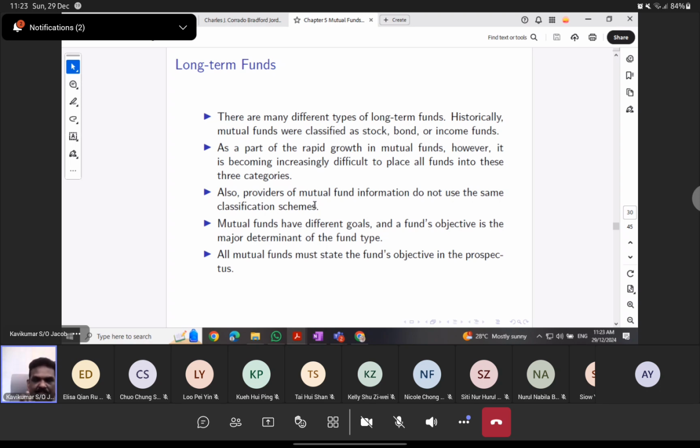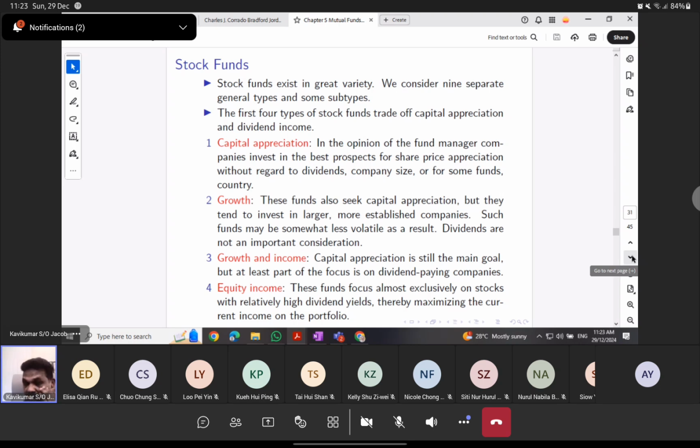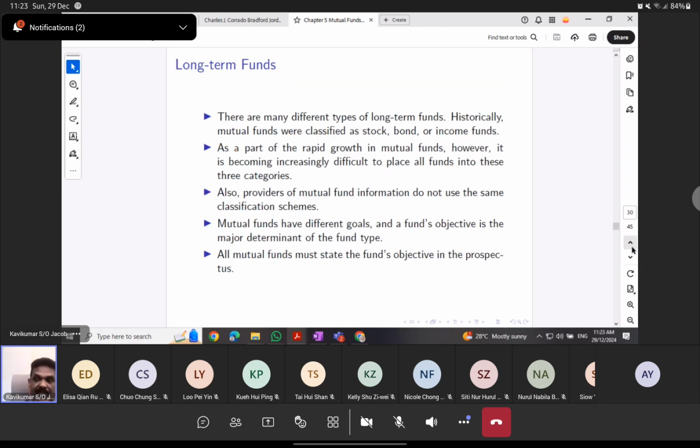Mutual funds have different goals, and fund objective is the major determinant of the fund type. All mutual funds state their fund objectives in the prospectus. Long-term funds are either in stock, bond, or income funds. Obviously, long-term funds will give higher profit, higher return.